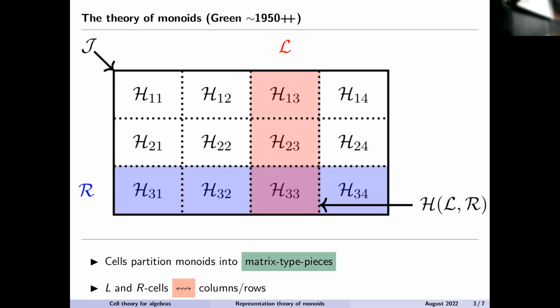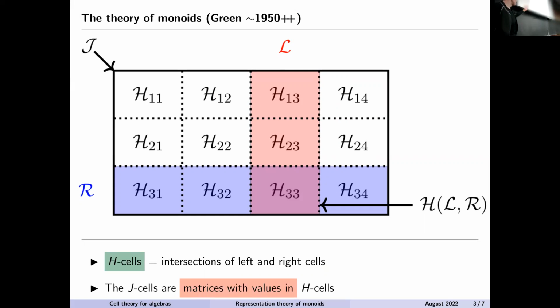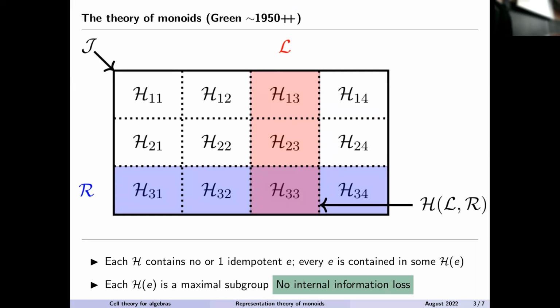J is the standard notation for two-sided cells, which is Green's notation. So I'm not quite sure where the J comes from. And the H cells are intersections. So the J cells, the two-sided ones, are matrices with values in the H cells, the little pieces.